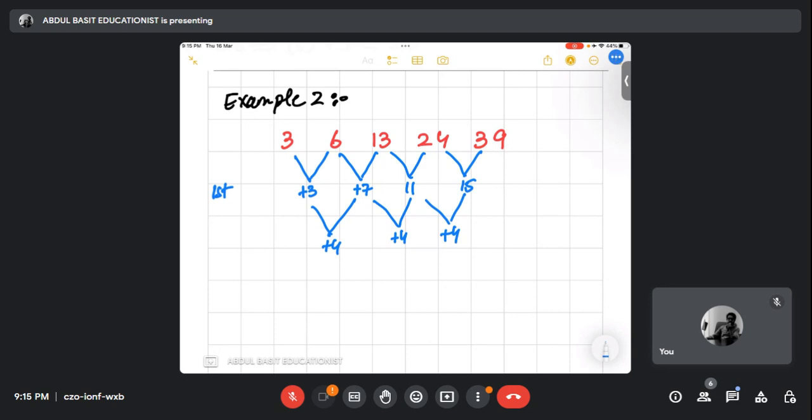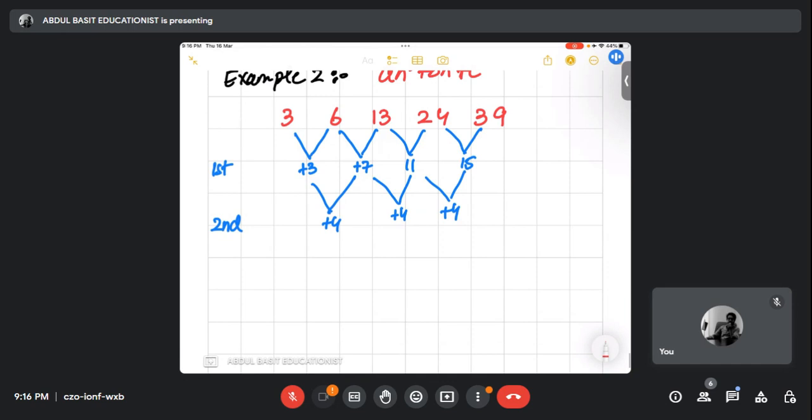Is this clear, everybody? Yes or no? It means that second difference is same. So Rida, the formula for the quadratic sequence is something like that: a n square plus bn plus c, right? Yes, sir. Okay, to find the value of a is equal to second difference divided by what?